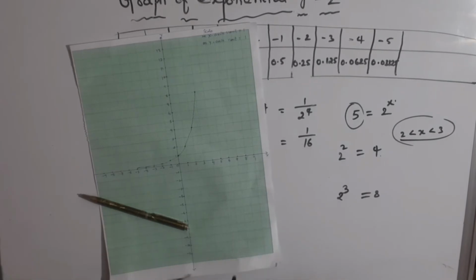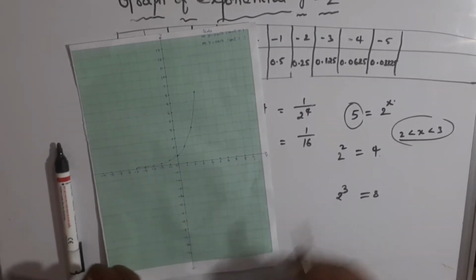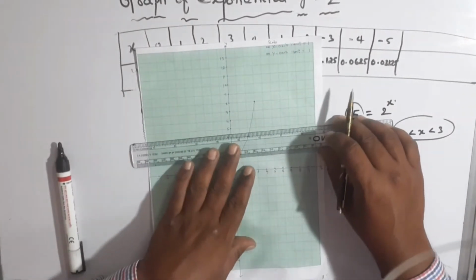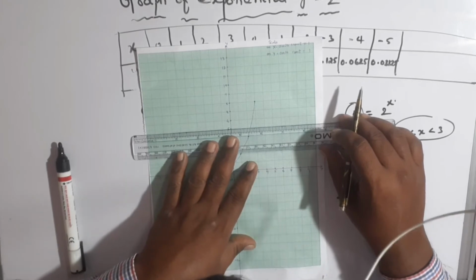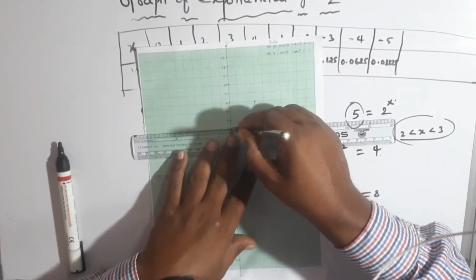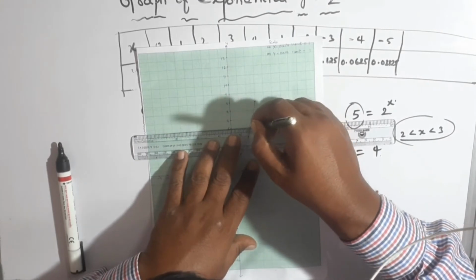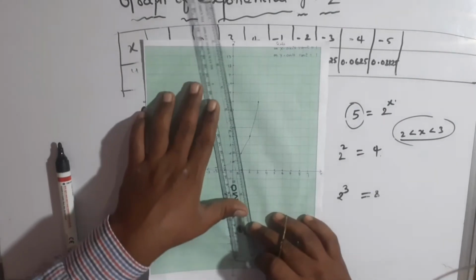So let me check from the graph. We check from the graph. The y value is 5. From the graph, draw a line parallel to the x-axis from the point 5, which is parallel to the x-axis.